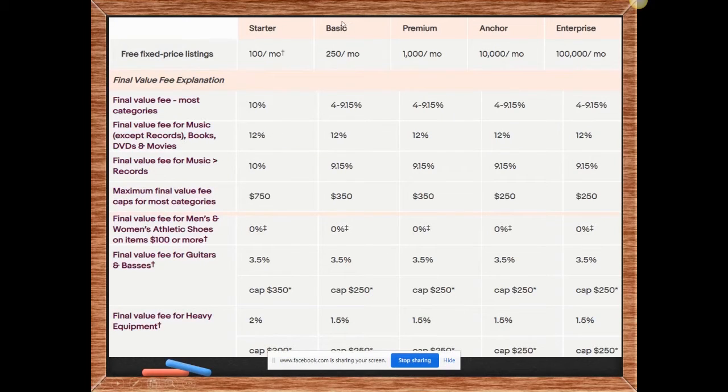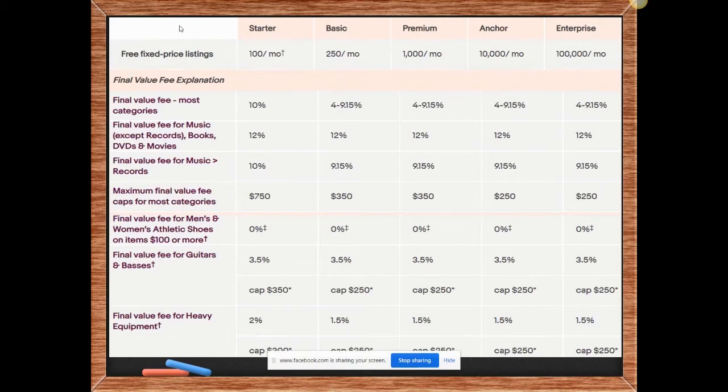As of the basic subscription and on, which is for 250 items a month, a relatively very small store, your fees are lowered from 10% for a starter store or no store at all to 9.15% maximum.